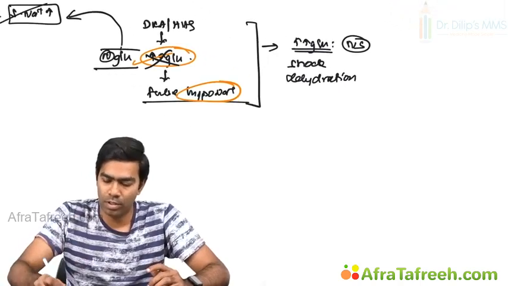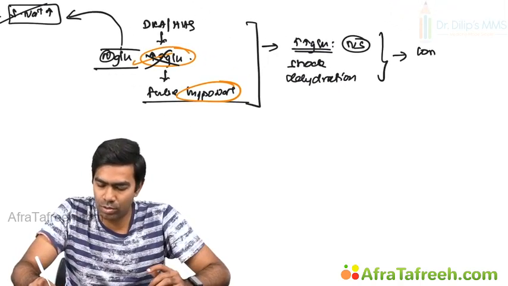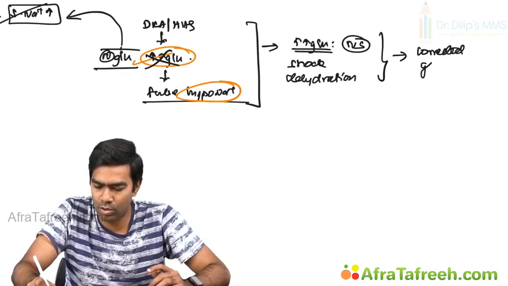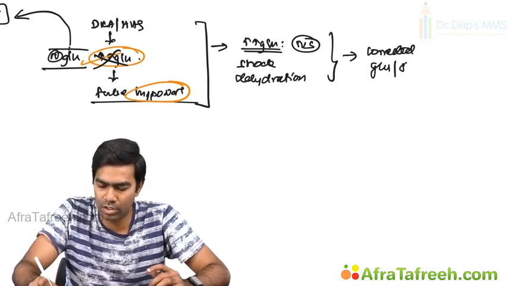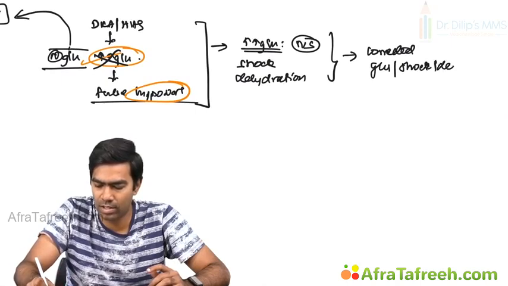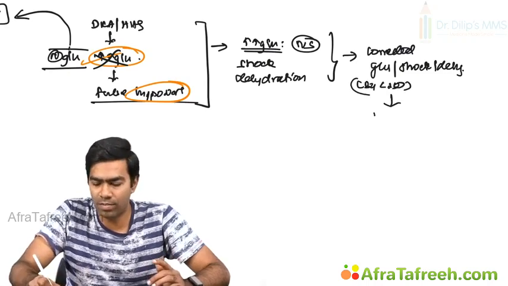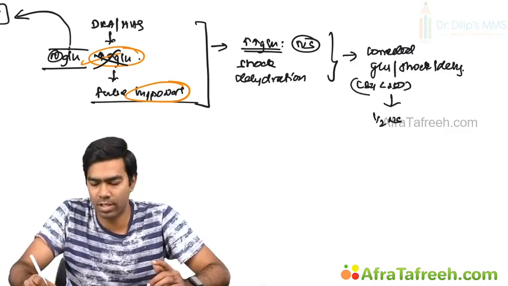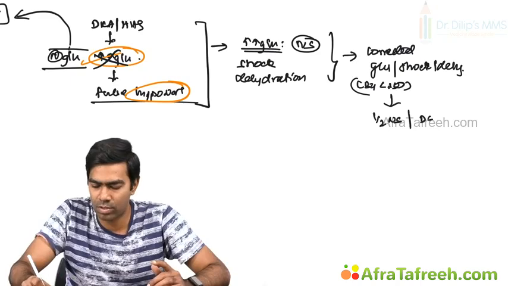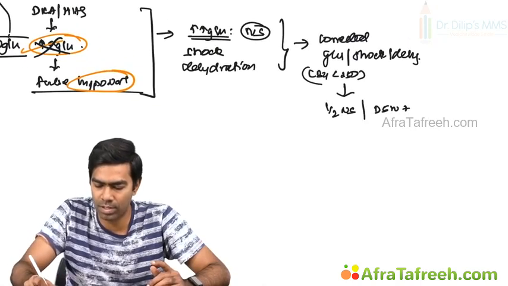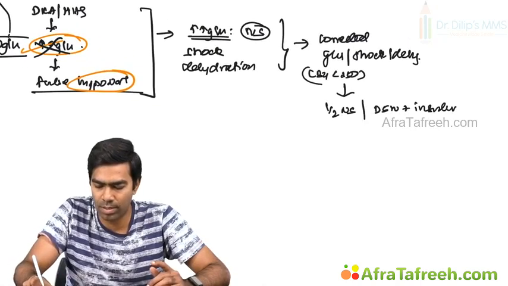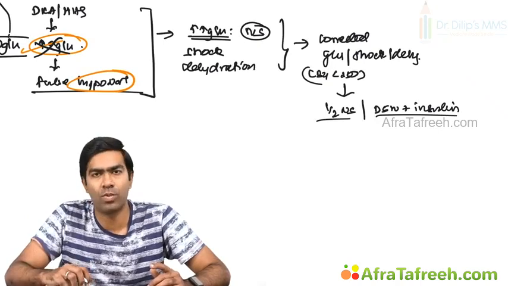But once you have corrected the glucose, and you have corrected the shock and dehydration, especially when the CBG becomes less than 250, you have to immediately shift your fluid to hypoosmolar solutions like half normal saline or dextrose 5% water with insulin, or 5% dextrose with insulin. Both are the same. So this is what you are going to do.